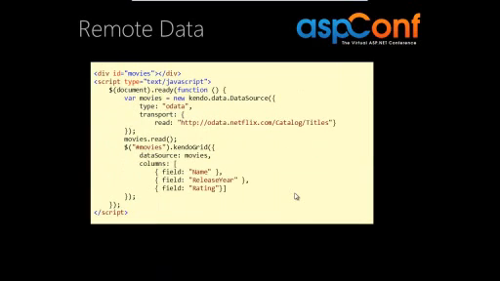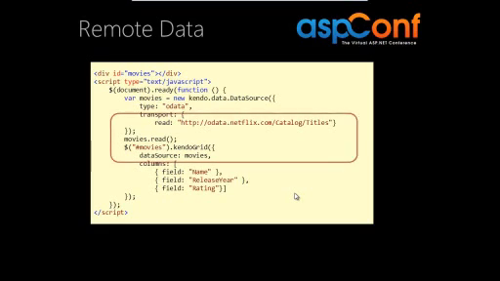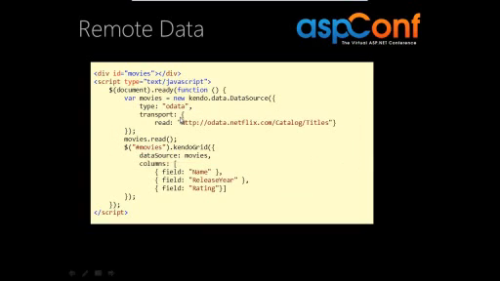All right. And now remote data. We usually don't just create local data in our JavaScript and use that to run our website. So this is an example of using remote data. I'm using the Netflix OData stream. In this case, I'm creating a new data source and I'm setting the type. In this case, it's going to be OData. And I'm setting the transport level to read and supplying the read URL.